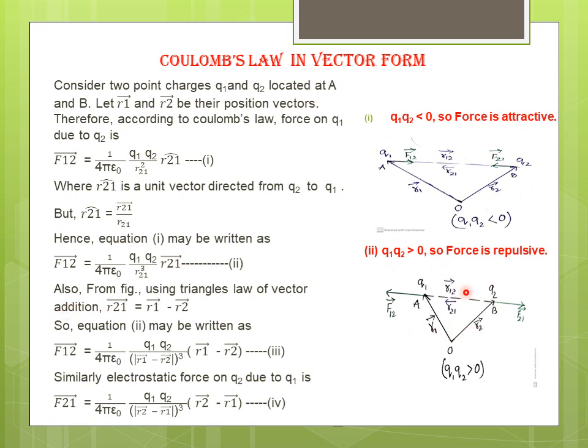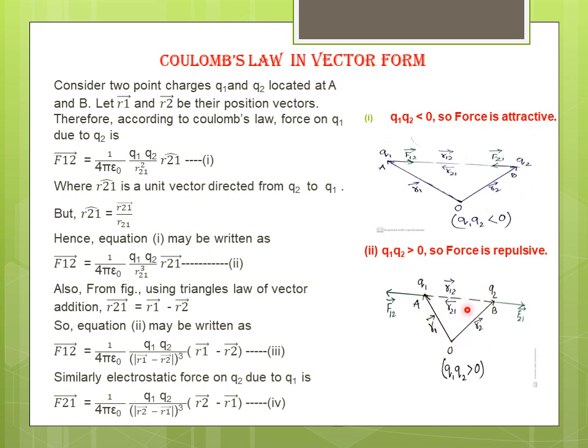Also, if we use the triangle law of vector addition, see in the diagram, for R21 we use OB plus BA is equal to OA. So R2 vector plus R21 vector is equal to R1 vector.